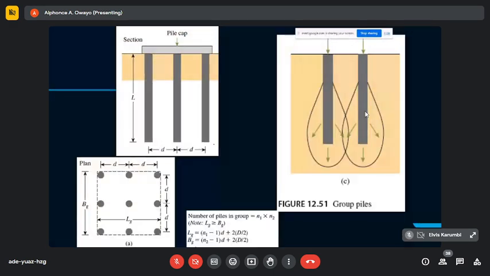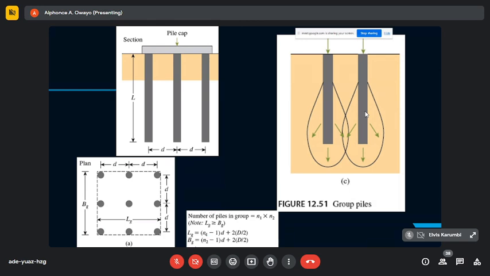So I already said this, and this is some way to help us design the piles. If we can determine some effective length and effective width, so LG and BG, this is a function of the number of piles and also the dimension shown, the D. Incidentally, what does D stand for here?